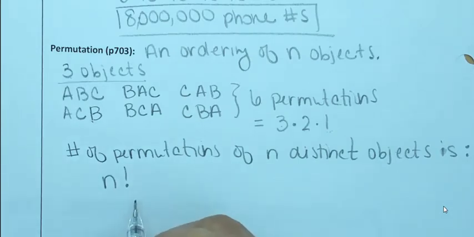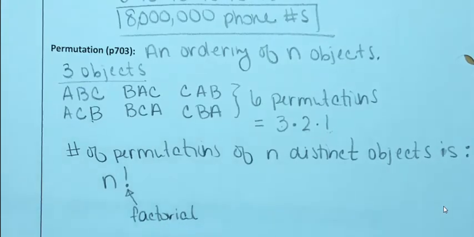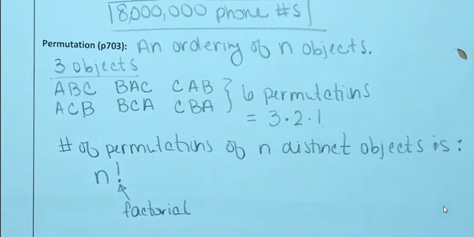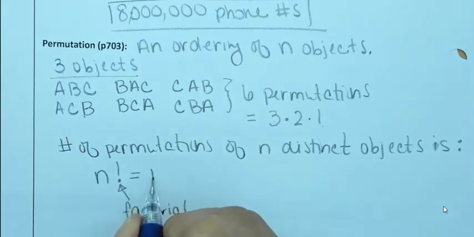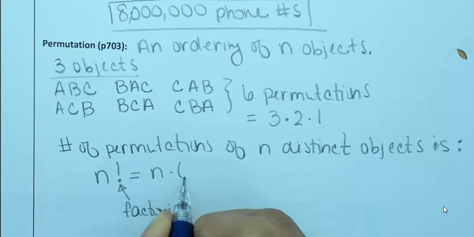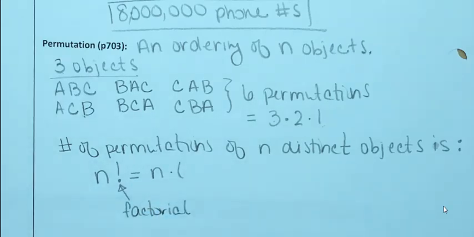So this little symbol right here, we call that a factorial. It's not an exclamation mark. It's a factorial. And what that means is that you take that number and then you multiply it by every consecutive integer that is less.